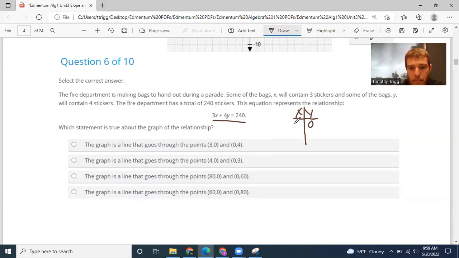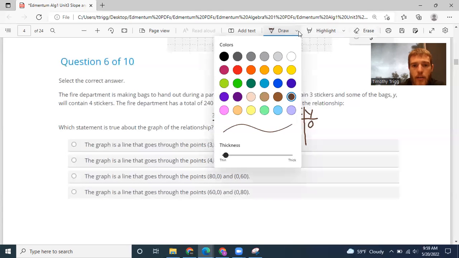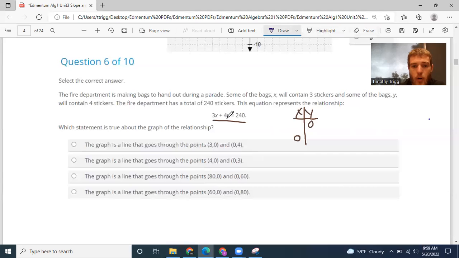It's going to be something comma 0. And what would be the y-intercept? The y-intercept is always 0 for the x, comma something. Now, let's find our x-intercept first. We're going to replace the y with 0 to find our x-intercept.